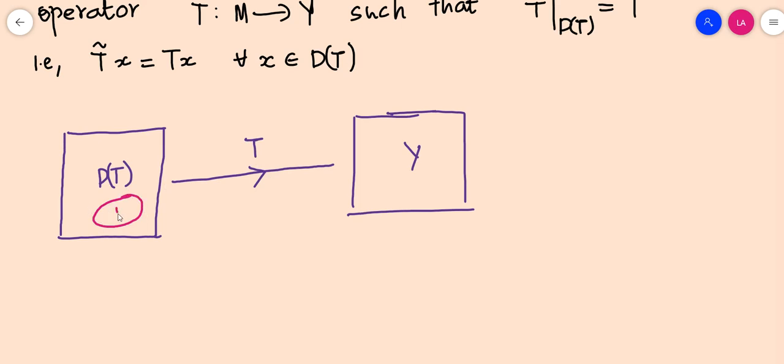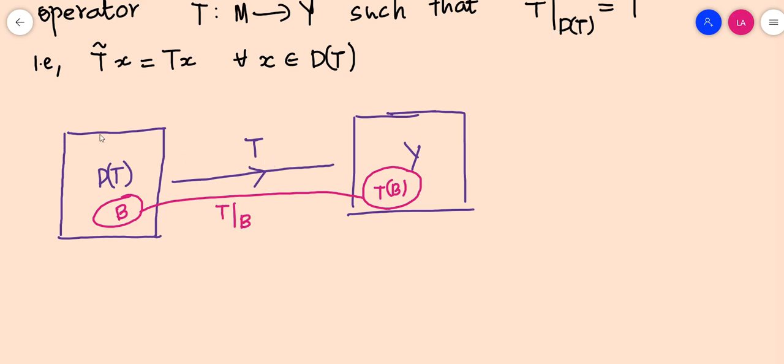This subset is called B. Now if we are defining this function not from the whole D of T, but from only B to Y, only B to its images T of B, which should be a subset of Y as well, then this is called T restricted to B.